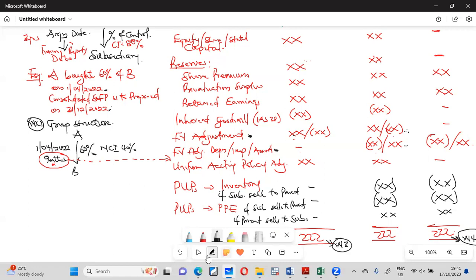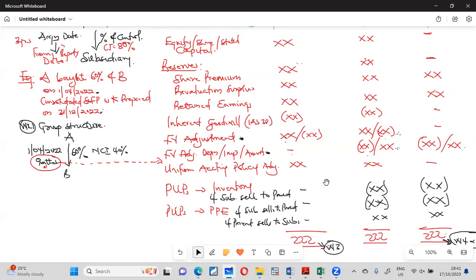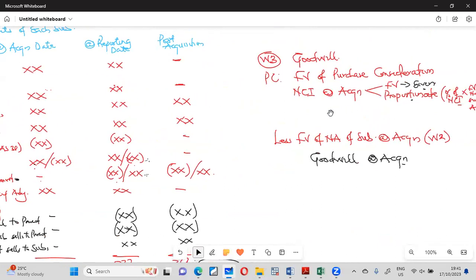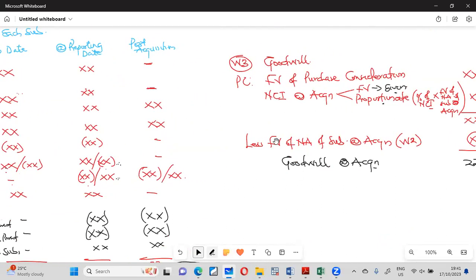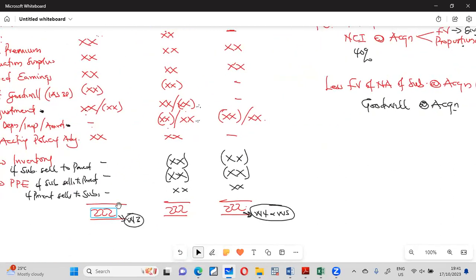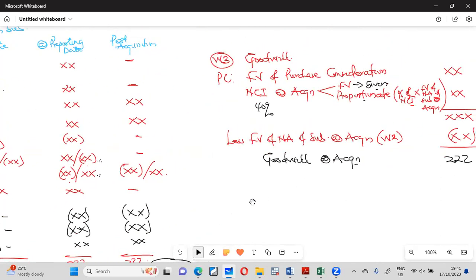Exactly. So in your workings 3, you are going to do the fair value of NCI here, NCI at acquisition. What you'll be doing in this case will be 40% multiplied by this figure here, triple Z. That is what will give you your fair value of NCI.